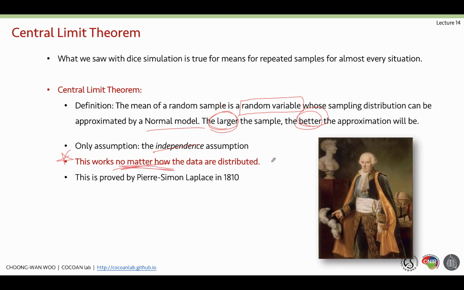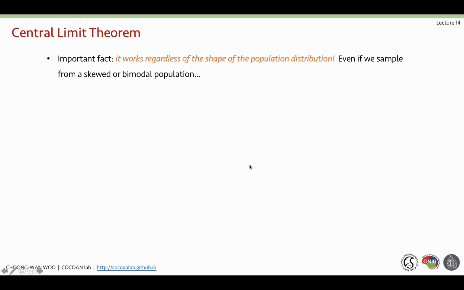This was proved by Laplace in 1810, a very long time ago. I'm going to tell you what this means in the next slide. The important fact is it works regardless of the shape of the population distribution, even if we sample from a skewed or bimodal population.